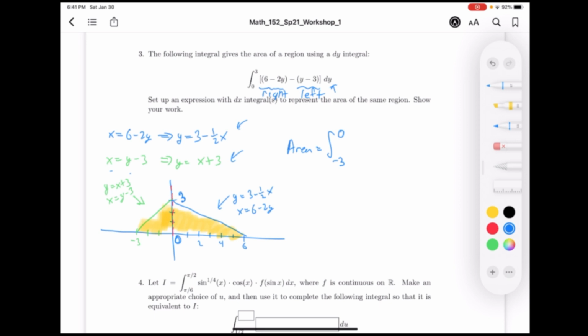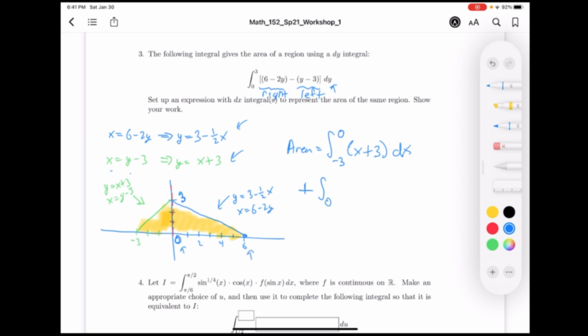Remember, since this is going to be a dx integral, I have to write everything in terms of x. I can't have any y's in a dx integral. So this is going to be x plus 3 dx, and then I'm going to add in the part that's to the right of the line x equals 0. That's going to be a low value of 0 going up to a high value of 6.